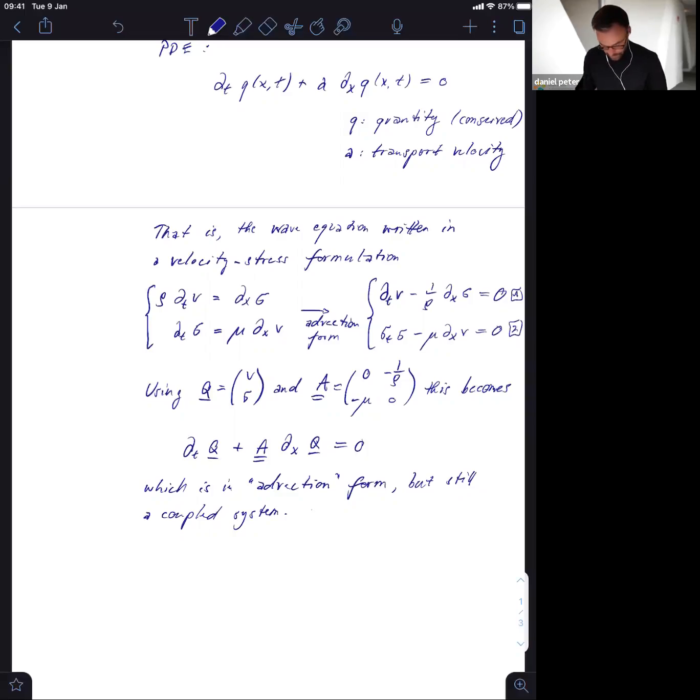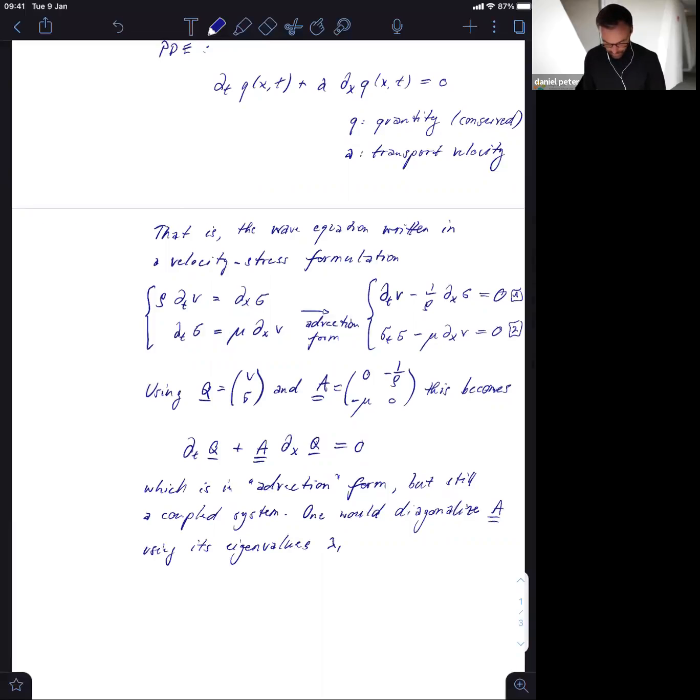And now basically, one would diagonalize this matrix A. How could you do that? Well, you would use its eigenvalues and eigenvectors. And the eigenvalues of this matrix A would be lambda 1 and 2. They would be plus and minus square root of mu over rho.